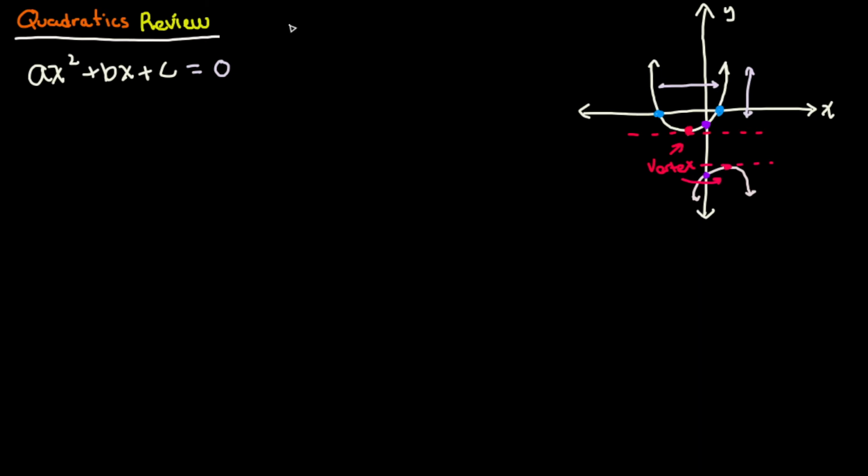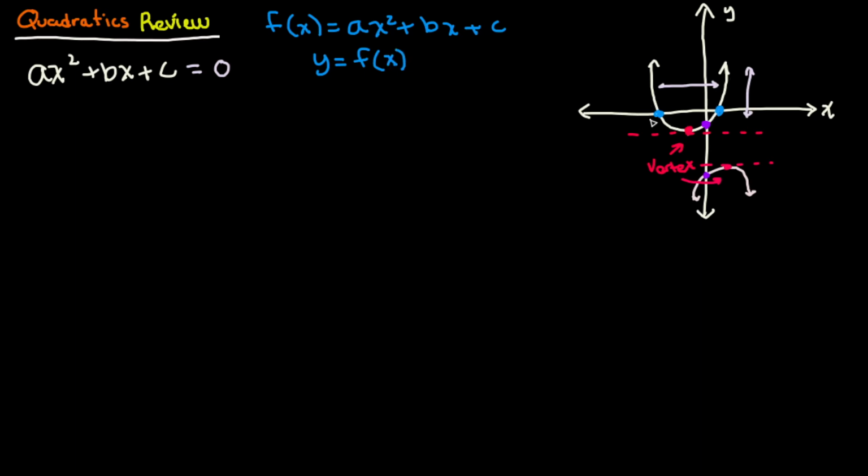So we know that, and I'll write it in standard form over here so that we remember what the standard form is. We have f of x is equal to ax squared plus bx plus c, where y equals f of x, and that'll be our graph here.